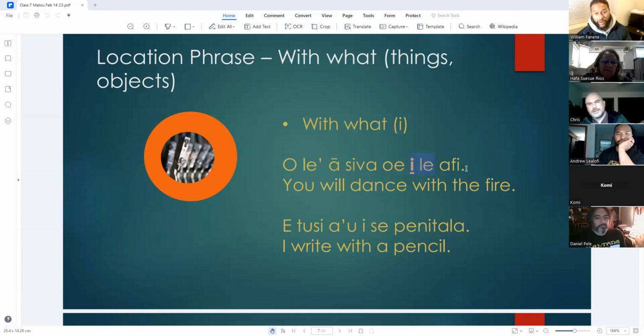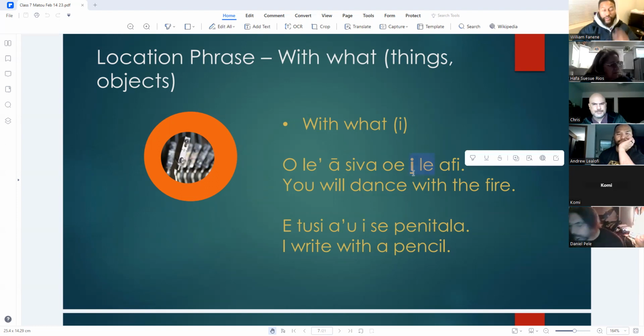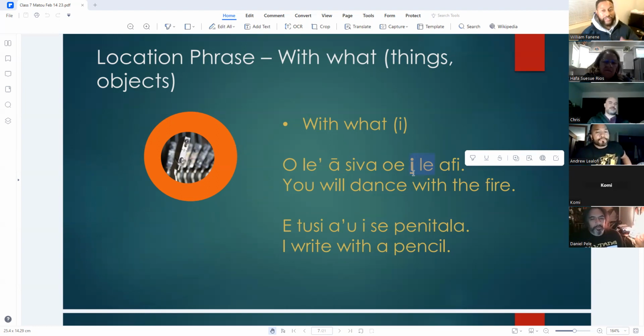This is going to be our location, so our preposition starts with the E. You're using something to accomplish the action, and the action is siva, or to dance. So you will dance with the fire. Ile afi. It's not like we're going to the fire, we're dancing with the fire. Same preposition, but when you're listening in conversation, you'll know, okay, not you will dance to the fire, you will dance with the fire.